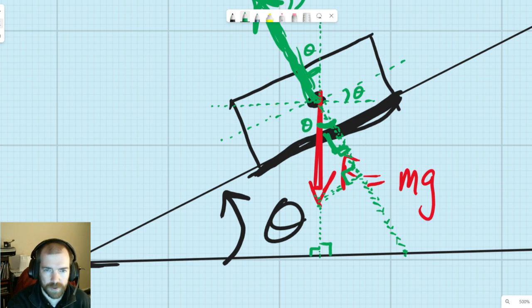By vertical angles, this one's also going to be theta. By 180 degrees, or by all of our 90-degree pieces, we can work our way over. This is going to be the complement. This is also a right angle because this was normal and this was parallel to the incline. So therefore, this has to be the complement, and this has to be theta. And by vertical angles, this has to be theta.